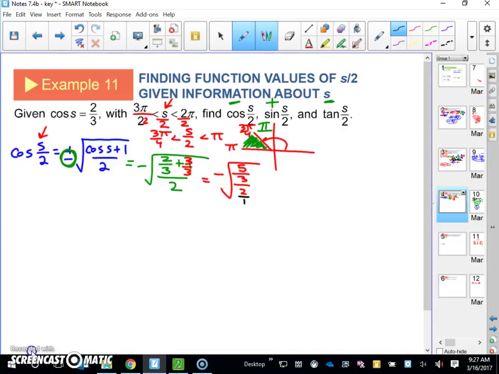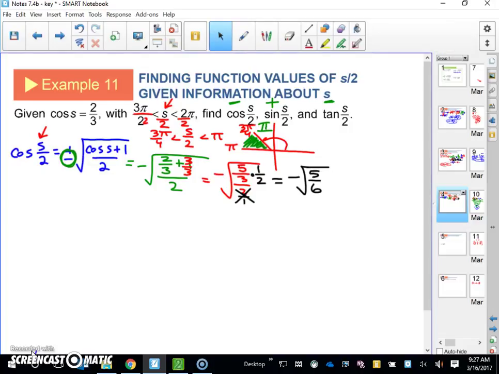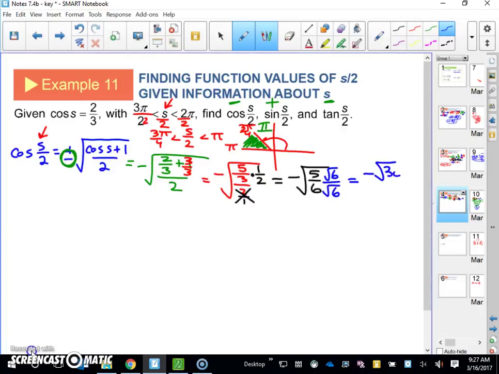We think of that as a fraction, and when we're dividing fractions, we multiply by the reciprocal. That cleans up to negative square root of 5/6. We're almost finished, but we want to rationalize the denominator like usual. That's negative square root 30 over 6. So cosine s over 2 equals negative square root of 30 over 6.